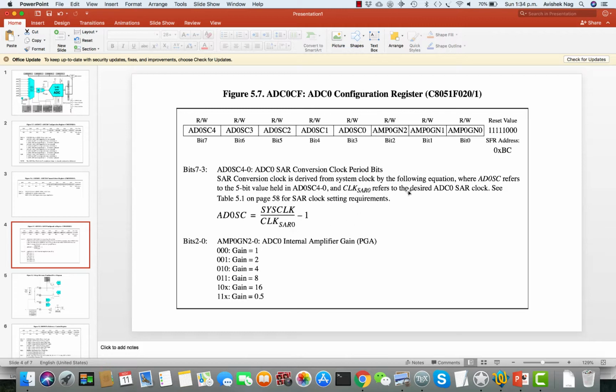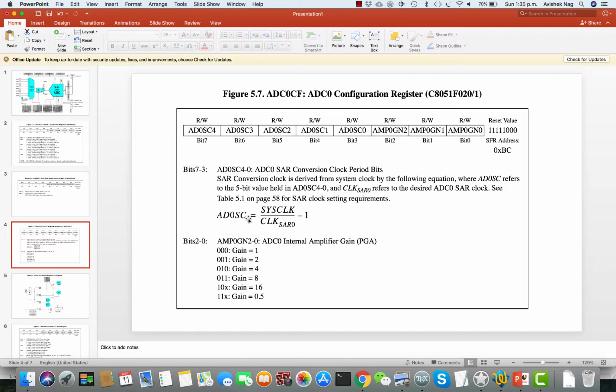This refers to the desired clock the ADC wants, and this ADC0SC is the bit combination from these ADC0SC0 to ADC0SC4.